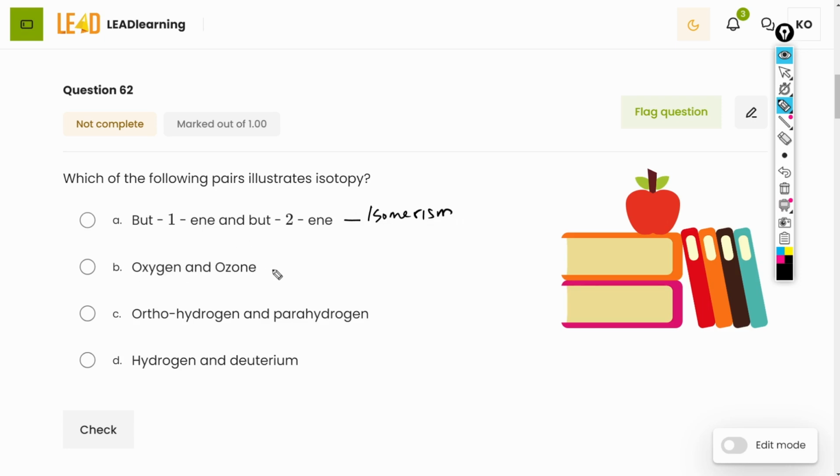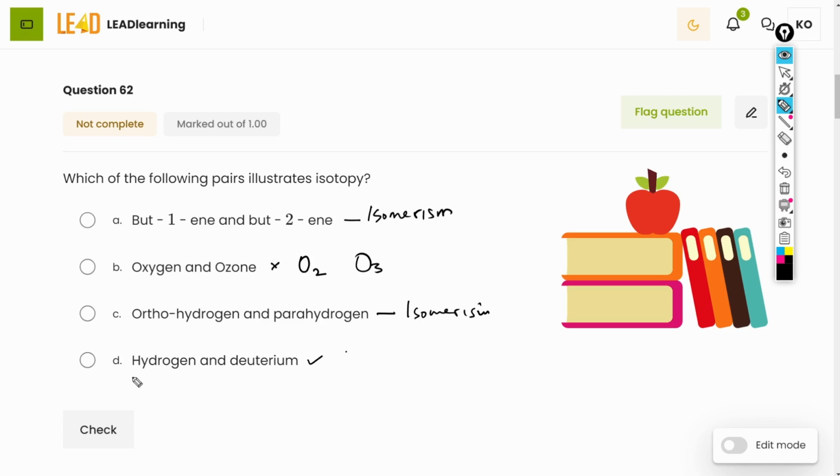Oxygen and ozone, no, these are totally different molecules. While oxygen is O2, ozone is O3, so they are totally different molecules. Ortho hydrogen and parahydrogen, again, this is another form of isomerism. Now hydrogen and deuterium is the answer.